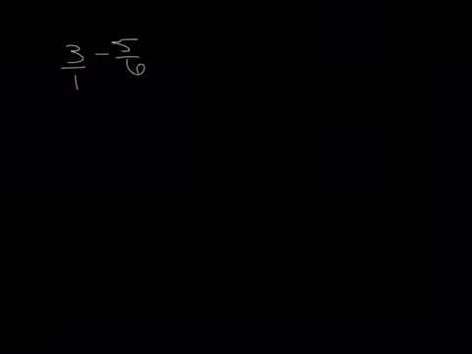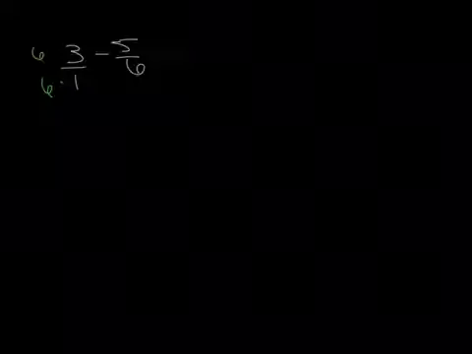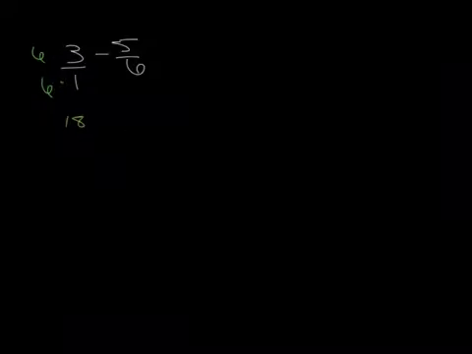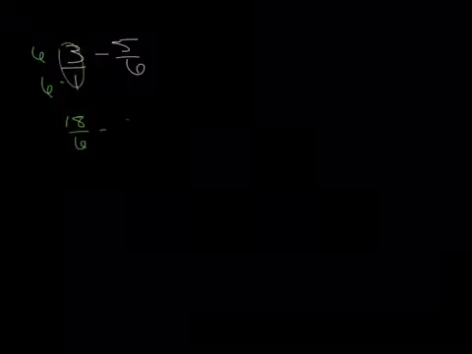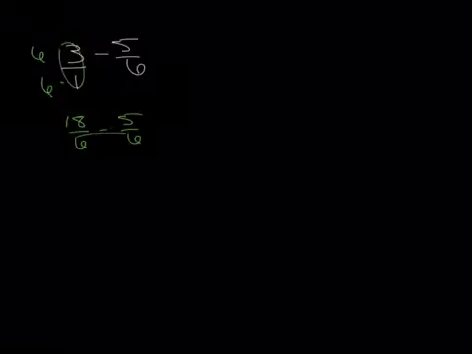So how would I change that 1 to a 6? Multiply it by 6. So I multiply the top by 6. So 18 over 6 is the same as 3 over 1. I have common denominators, so I know I'm done there. And 18 minus 5 is 13, and I'm done.